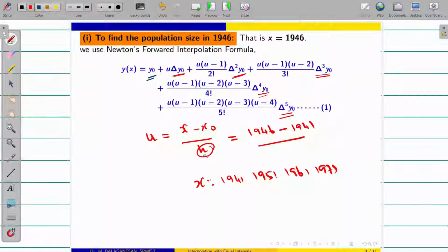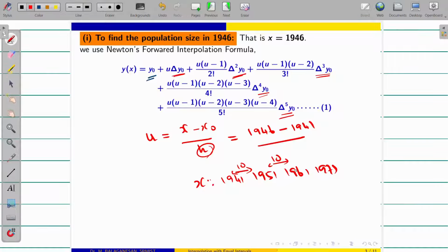The difference of x is nothing but h. From this you can conclude whether it is equally spaced or unequally spaced. Look at 41, 51, 61: the difference is 10, here also 10, so it is equally spaced. If the distance is varying, it is unequally spaced, and we have to use some other methods that we discussed earlier.